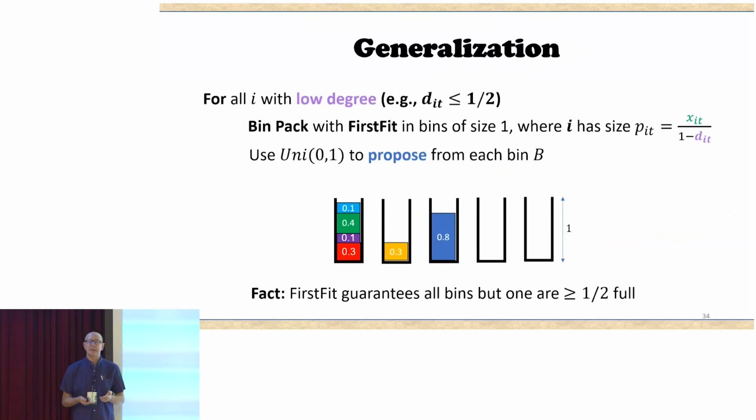And first fit has a nice property that it guarantees that all bins except for one are at least half full. I'll be done in 2 minutes.